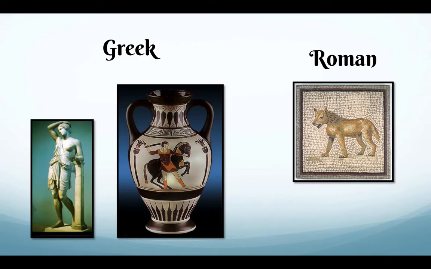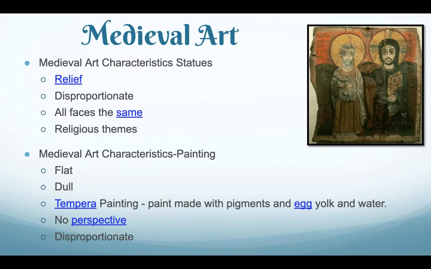Okay, let's talk about medieval art. For characteristics of medieval statues, there's always relief. Oftentimes their statues are more flat, so they have a wider base, and they're not concentrating on having taller things like we saw with the Greek statues, or what we're going to see with the Renaissance art.